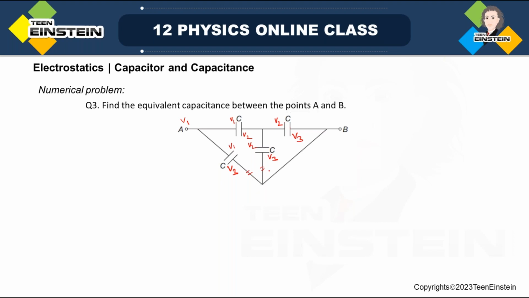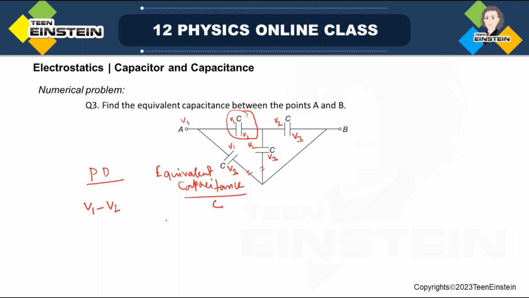Then look, potential difference and equivalent capacitance. Here I'll write V1 minus V2. How many are there? This is 1, right?